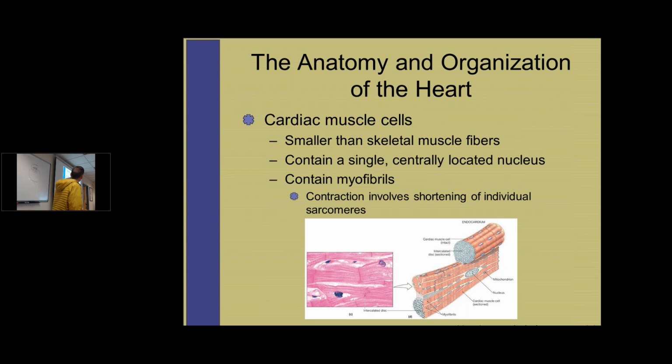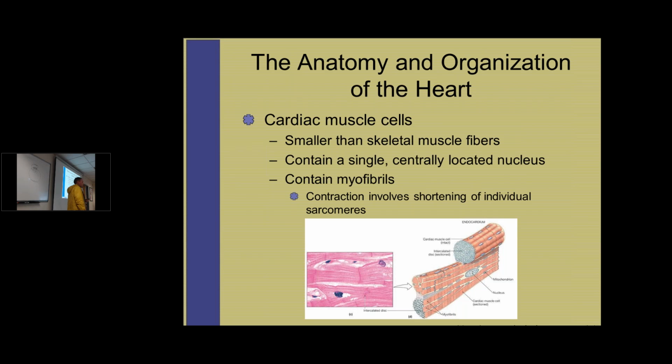So the muscle cells are smaller than skeletal muscle fibers, especially in length. As you can see, you've got these points, and there's a nucleus. That's one muscle cell. There are multiple myofibrils inside, but that's one muscle cell as well. And they're shorter.